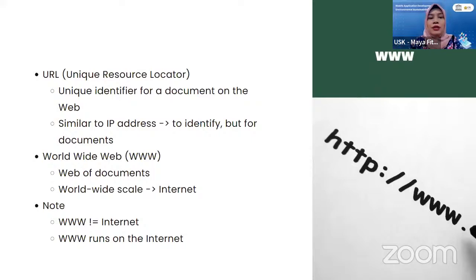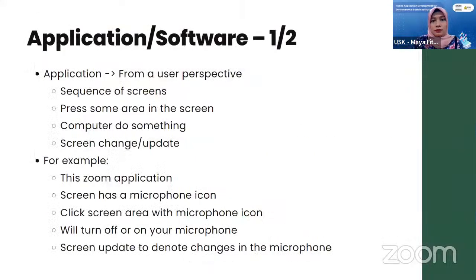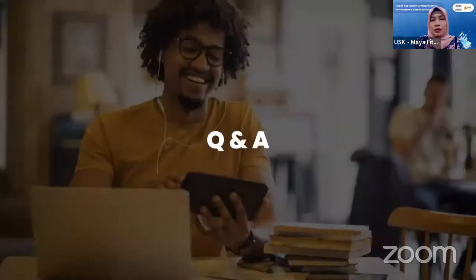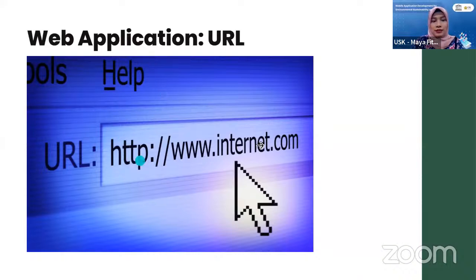The IP address identifies the devices in the network, but the URL identifies the documents on the web. Something that we type on Google like this is the URL, so we know where that document is on the internet.